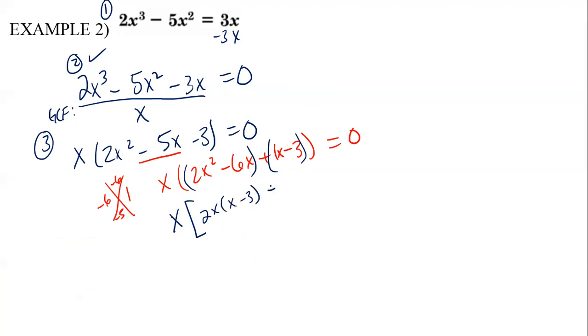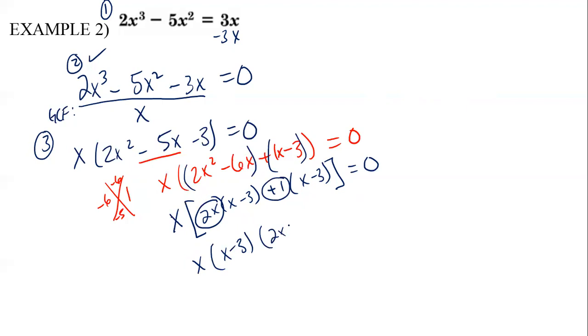The GCF here is just 1, that leaves me with x minus 3. The GCF between these two terms is x minus 3. And that leaves me with 2x and 1. So now I have fully factored.